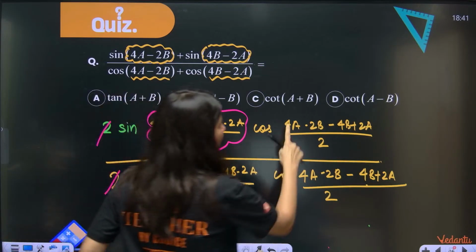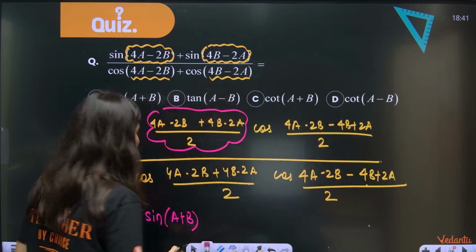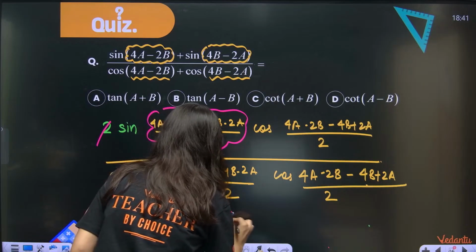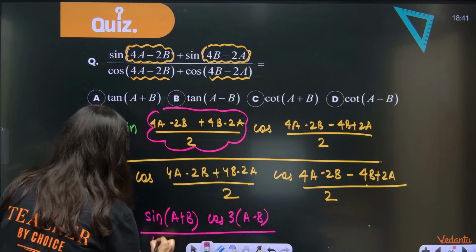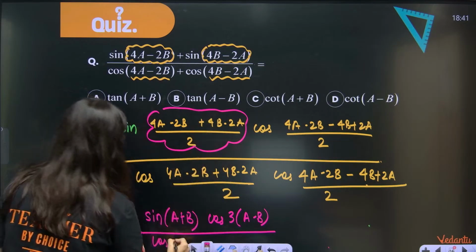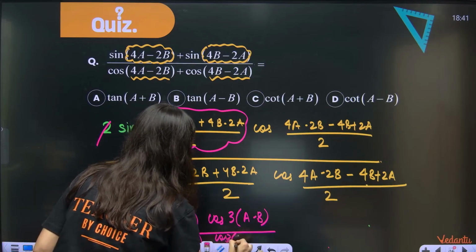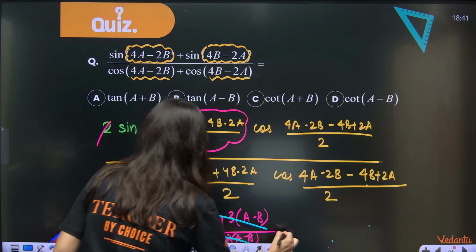What about this? 4A plus 2A, 6. 6A minus 6B by 2, 6 by 2 is 3. So cos 3 times (A minus B), whole upon. Now cos, this is again the same thing: cos (A plus B) and cos 3 times (A minus B). Cos 3 (A minus B) cancels.